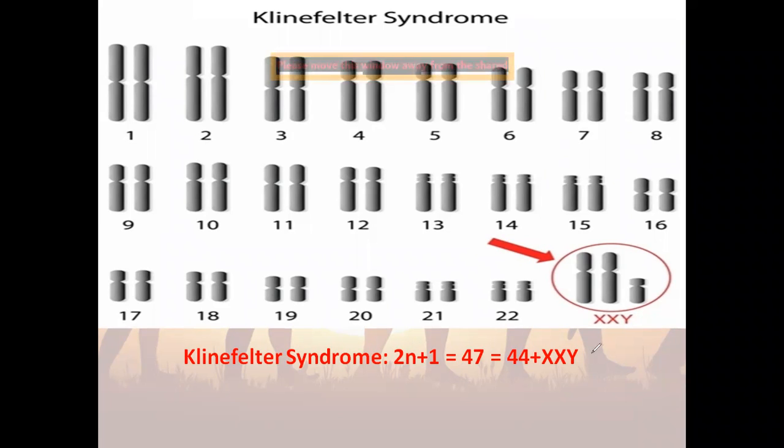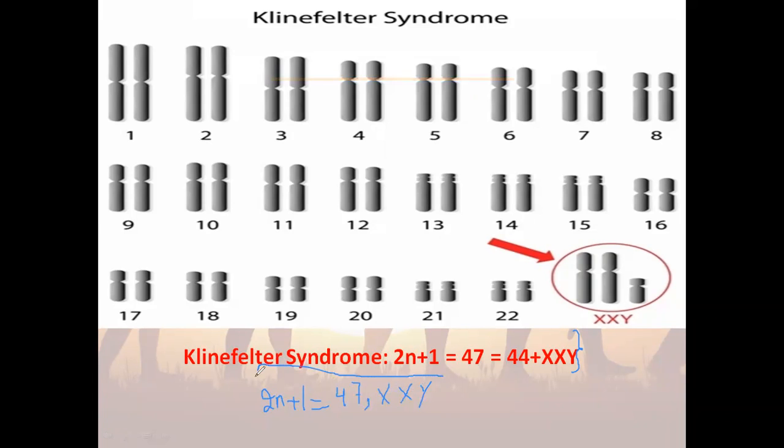Nowadays, in grade 12, I prefer not to use this. We can use it in grade 11, but from now on, you can use 2n plus 1 equal 47, and you have to use a comma, then X, X, Y. This person has Klinefelter syndrome.